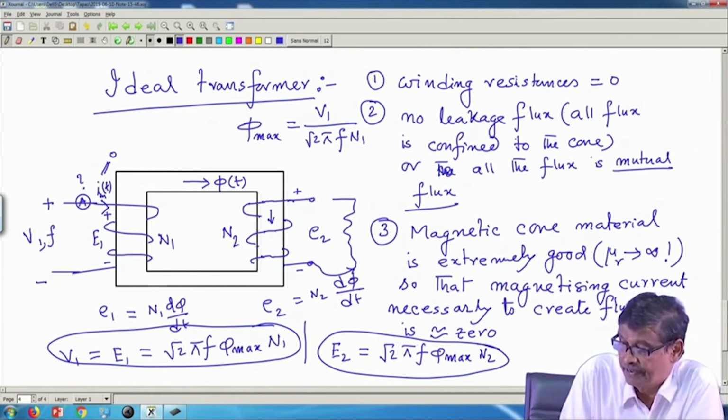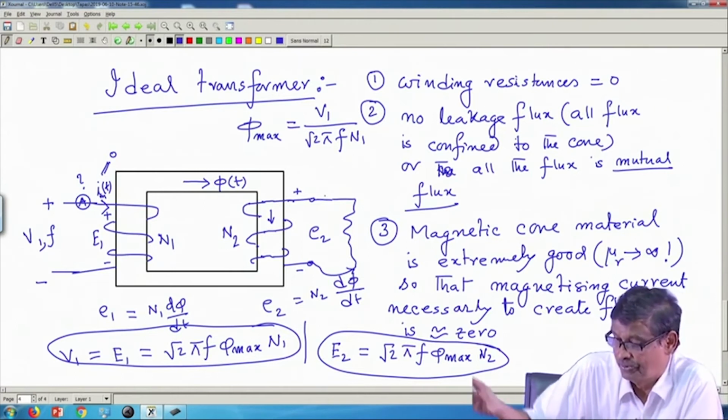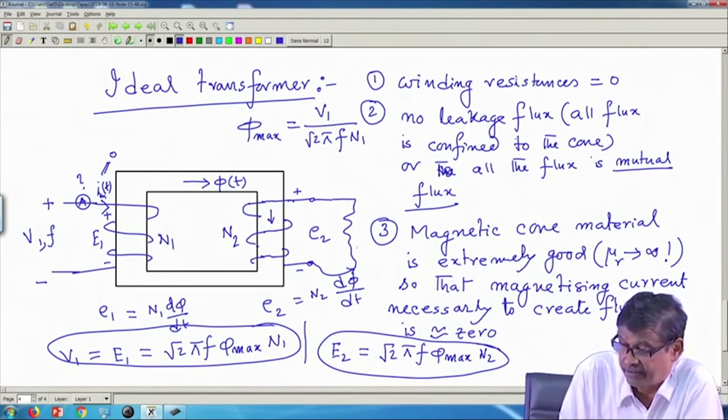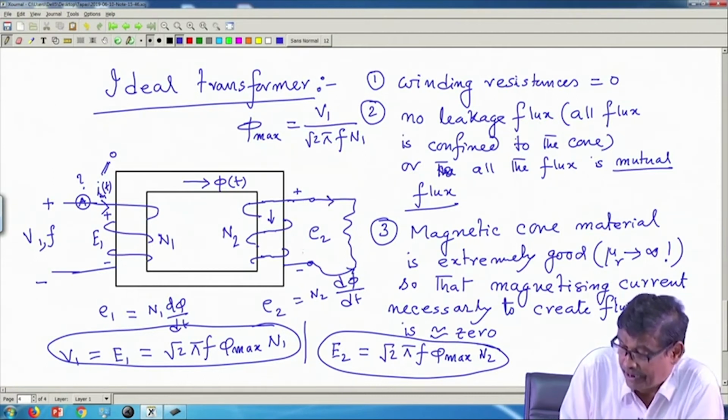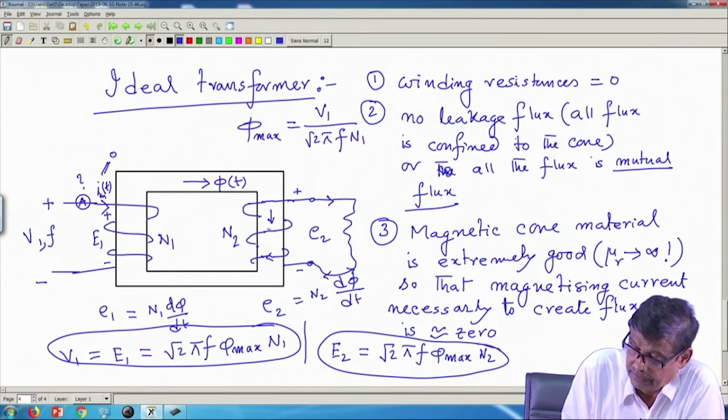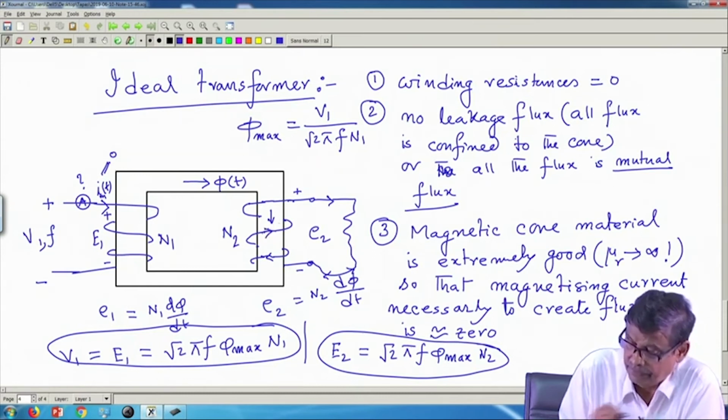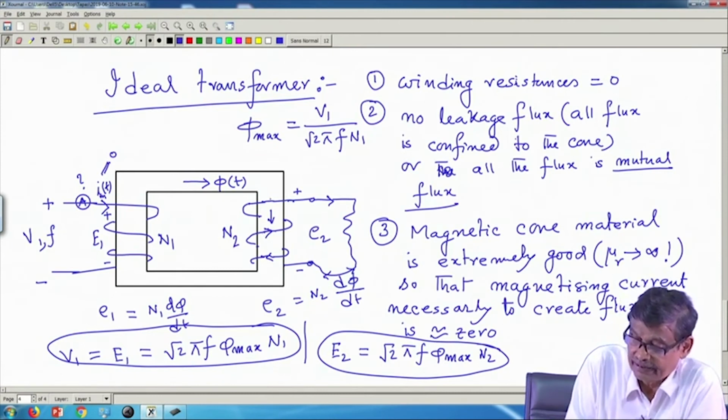If this EMF is allowed to act on its own on an external circuit like R you have connected, then at that instant it will try to send current in this way, because this is the battery, it is the source. Current comes, current goes, like this.